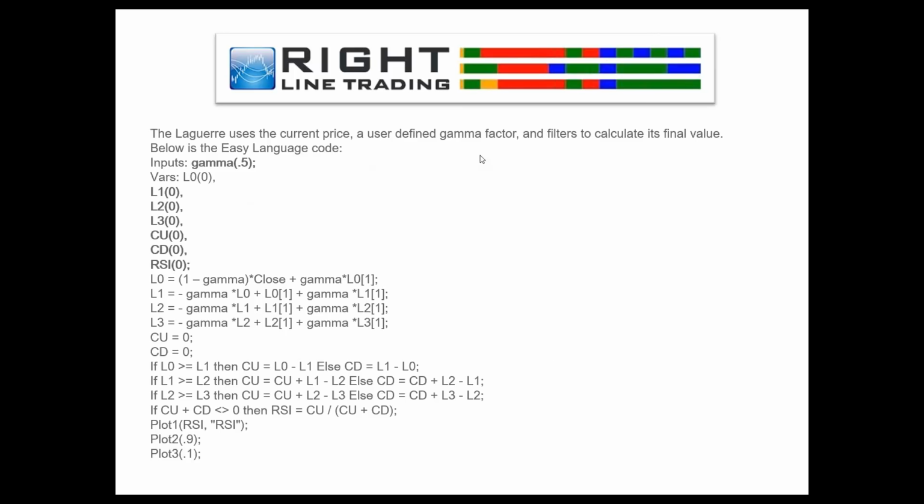Now, I wanted to show you the Laguerre, because the Laguerre, I believe, is the premier oscillator for looking at momentum. And I've assessed the momentum of multiple indicators. We've used all the stochastics. I'm going to show you relative strength. I'm going to show you percent K, and even MACD creates momentum.